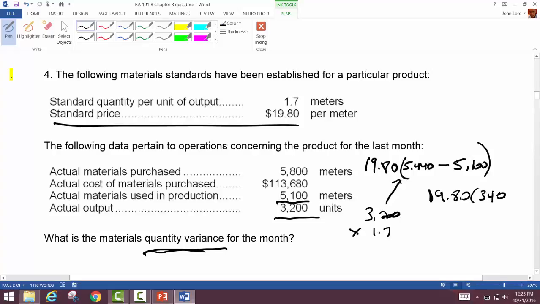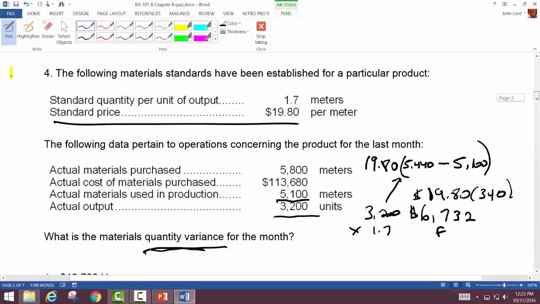Okay, good. So 1980 times positive 340 is 6,732. Favorable? Is that the answer?